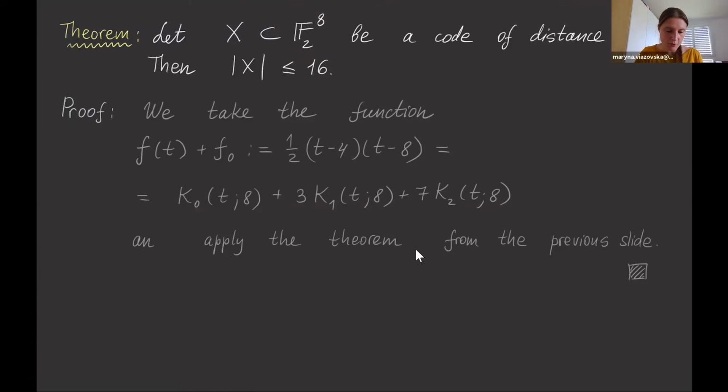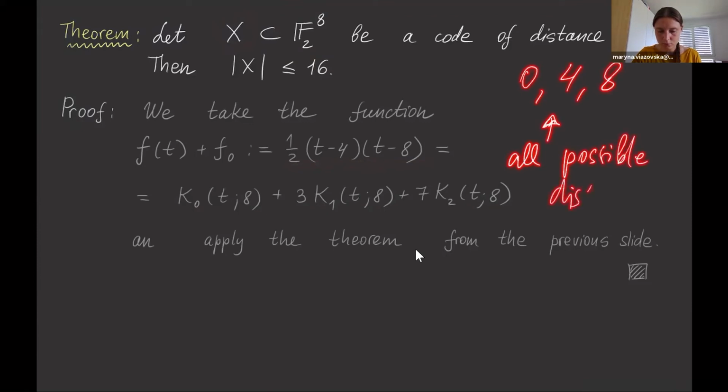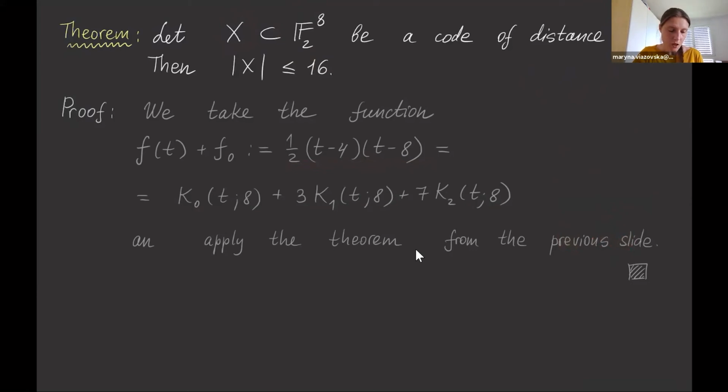And so how is this polynomial constructed? It is constructed in such a way that all the distances inside of the Hamming code between any two elements of the Hamming code can be either 0 or 4 or 8. These are all distances in the Hamming code. And so we are constructing a polynomial which vanishes at all of these distances except for the 0.